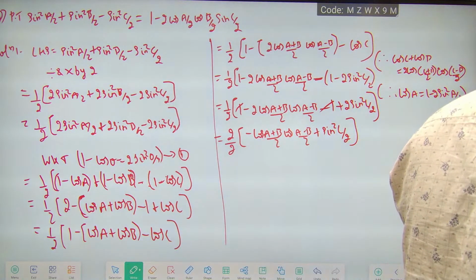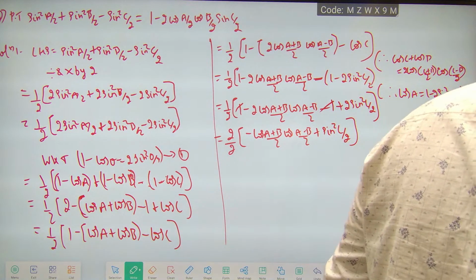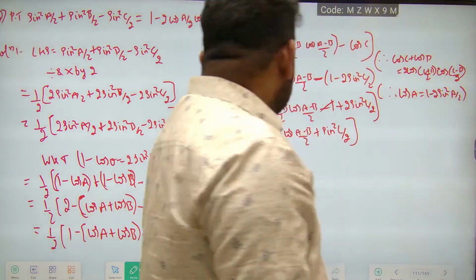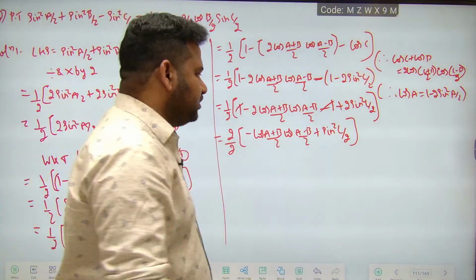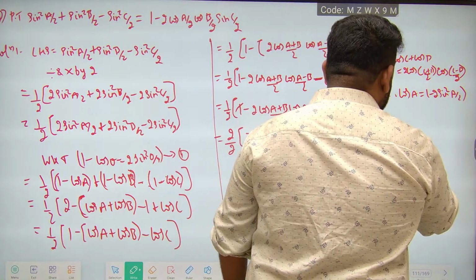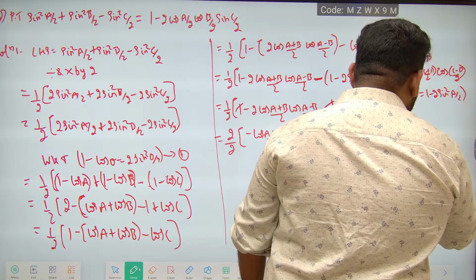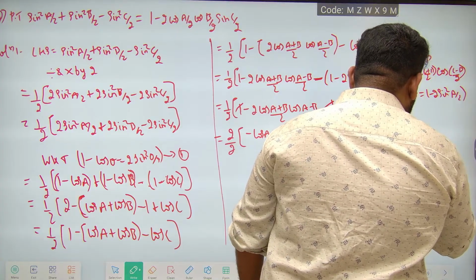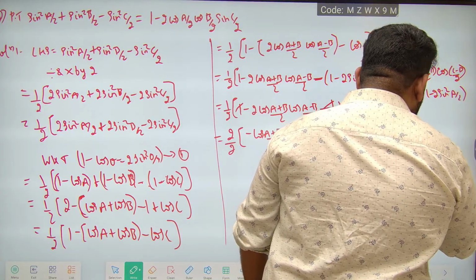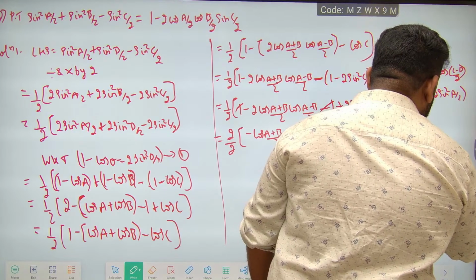Now see here what I can do, cos (a plus b)/2. We know that a plus b plus c is equal to pi. So a plus b is equal to pi minus c, so (a plus b)/2 is equal to (pi minus c)/2, or I can write it as pi by 2 minus c by 2.